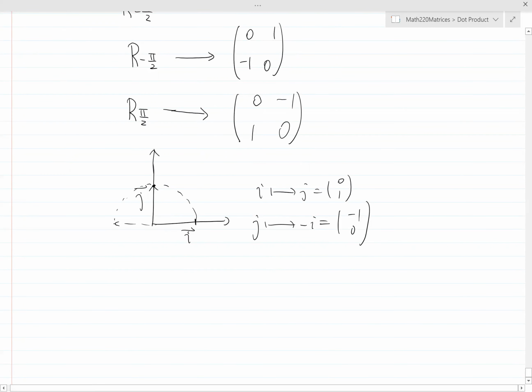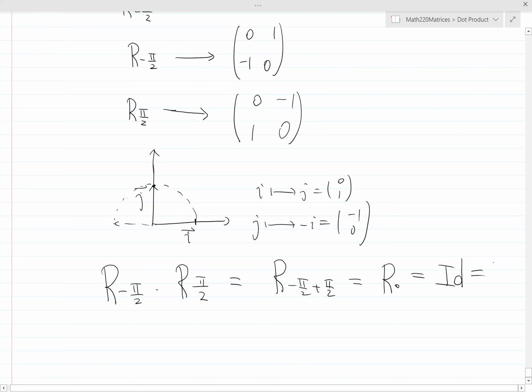According to the rule of matrix multiplication, check R negative pi over 2 times R pi over 2. This is rotation by negative pi over 2 plus pi over 2, which is rotation by 0 angle. That means no rotation, nothing changed: the identity matrix.